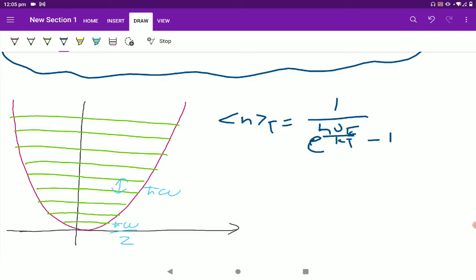Now let's substitute the expression of the average energy in this expression.